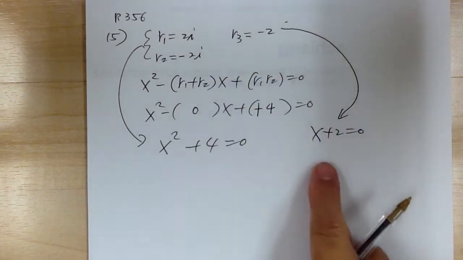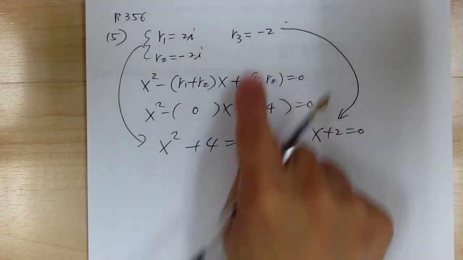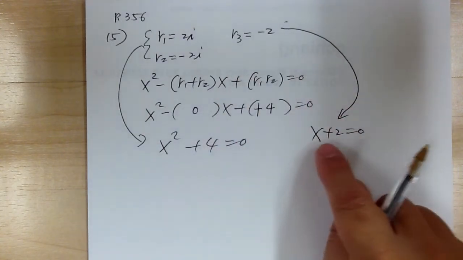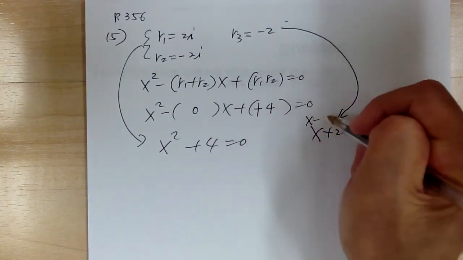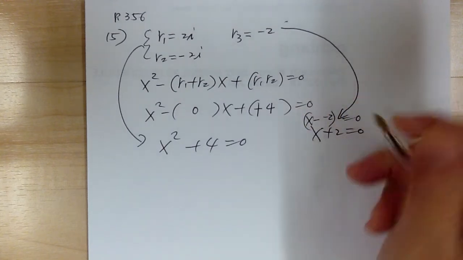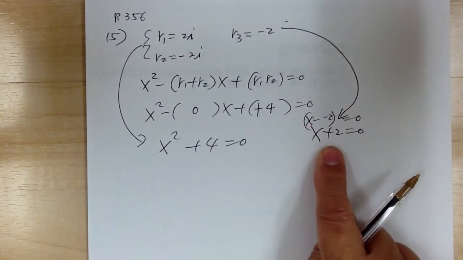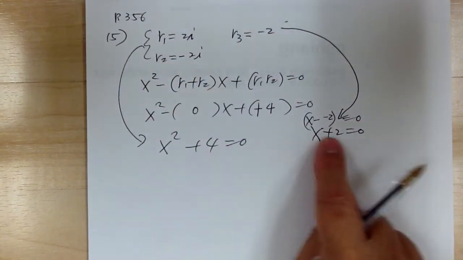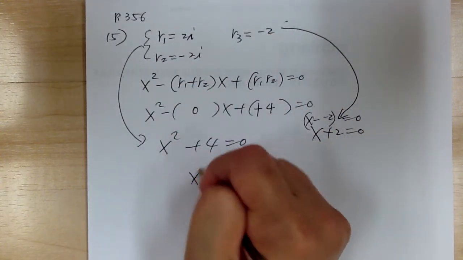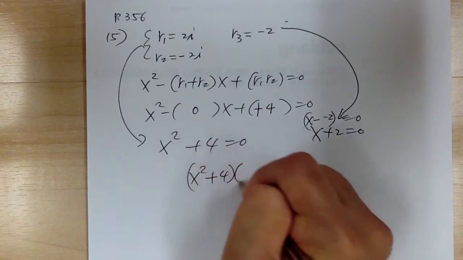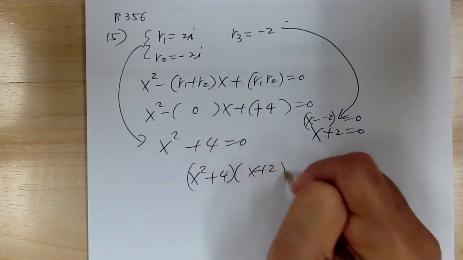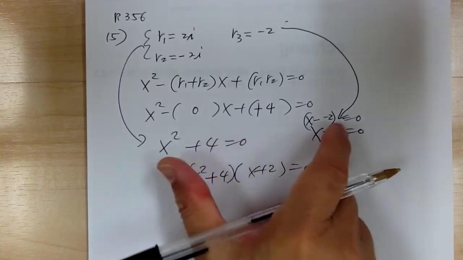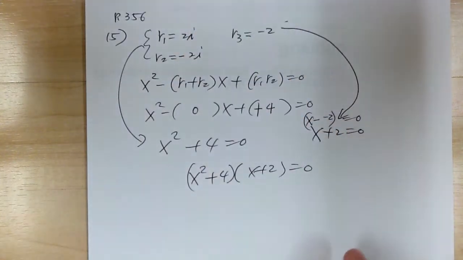If you solve, it's x minus negative 2 equal to 0, and that's how I get that. Once I get this from these two, and this from this one, I just need to multiply and put them together. So I get x squared plus 4 times x plus 2 equal to 0. Again, these are just factors of the original equation.